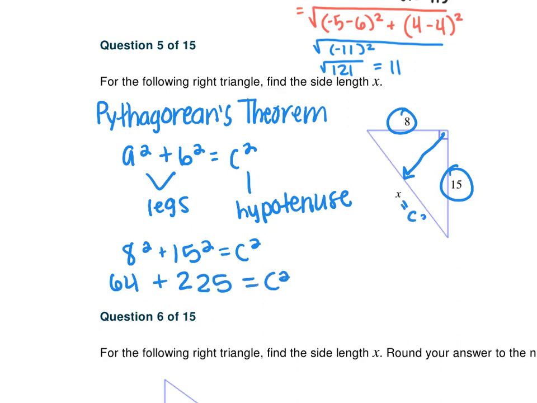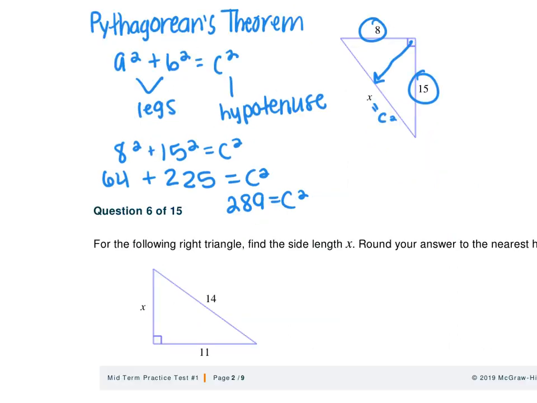X being our c squared, to get 289 equals c squared. And then if I take the square root of 289 equals c, which if you type that in your calculator, you get 17. So x, my missing piece, x equals 17.